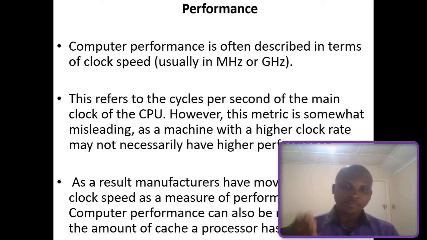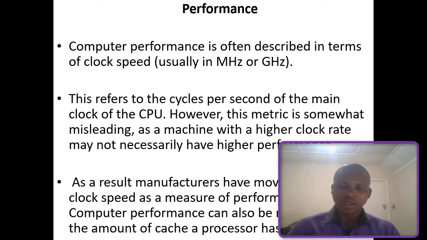But here, guys, on the issue of performance, if we are doing computer science or computer architecture, you have to know that you can use clock speed as a measurement of performance, but there are so many things that contribute to the performance of a machine, like your RAM, guys.